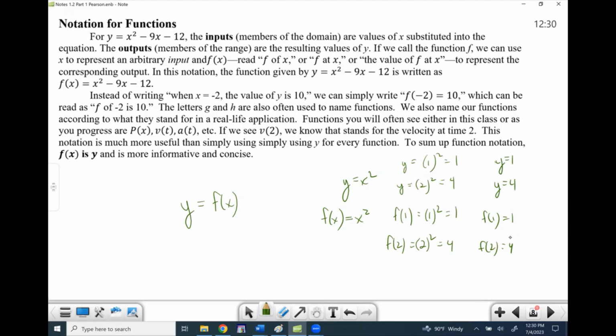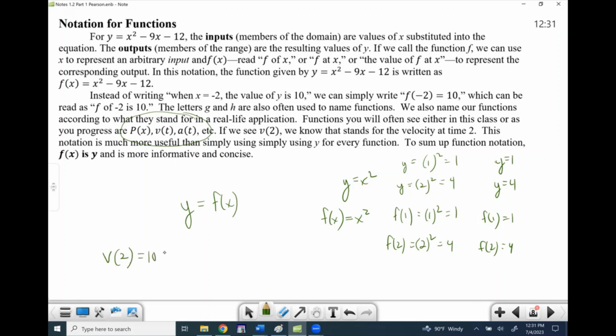Often we call functions f, g, and h in this class, but it says here, as you progress, you'll see some other names for functions. These letters actually tell us, this is my profit function, this is the velocity, this is the acceleration. So when we see something like v of 2, it says a lot. It says that's the velocity at time 2.